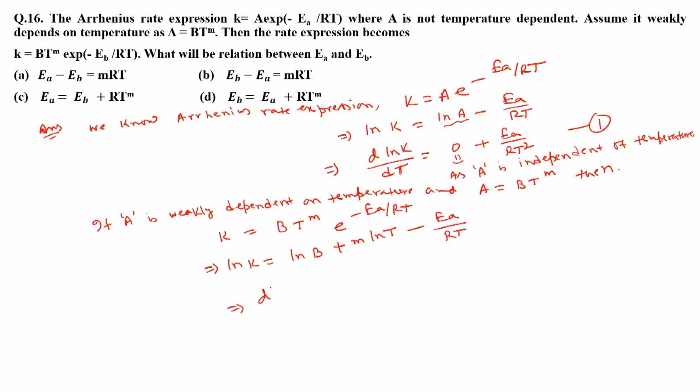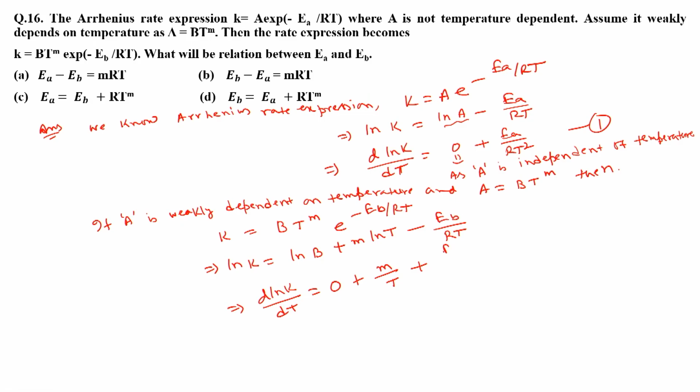So d ln K by dT: the first term is 0, considering B is a constant independent of temperature, and for the rest you get M by T plus Eb by RT square. This is Eb, not Ea.